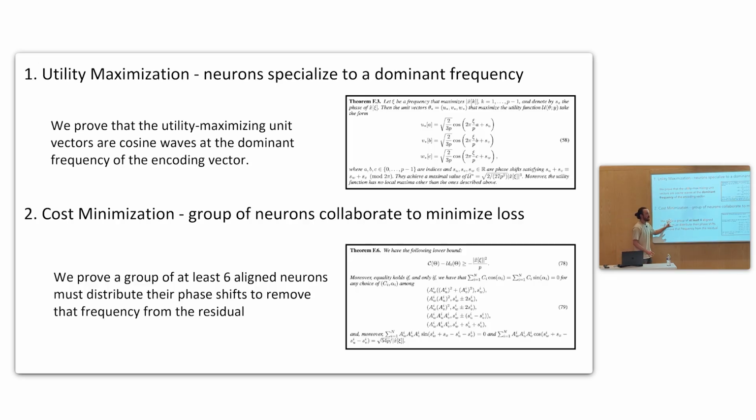The cost minimization phase, once you have neurons in that direction, how you minimize the loss in that direction, is a lot more complicated. But still, within the subspace of neurons aligned to a single frequency, you can find that there is a lower bound, and that lower bound is achievable if you have at least 6 neurons aligned and they distribute their phase shifts.